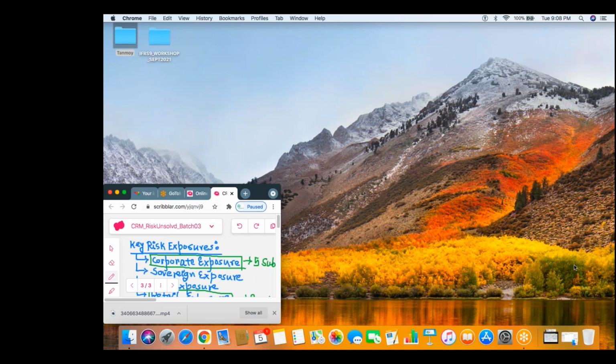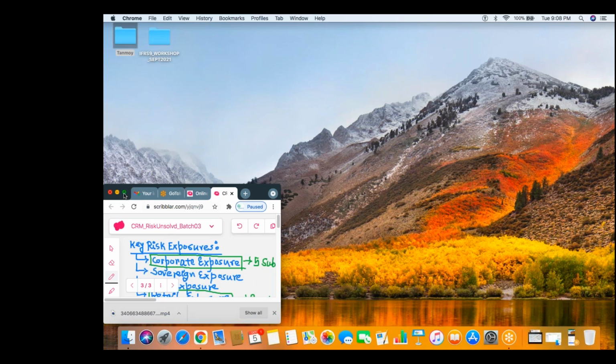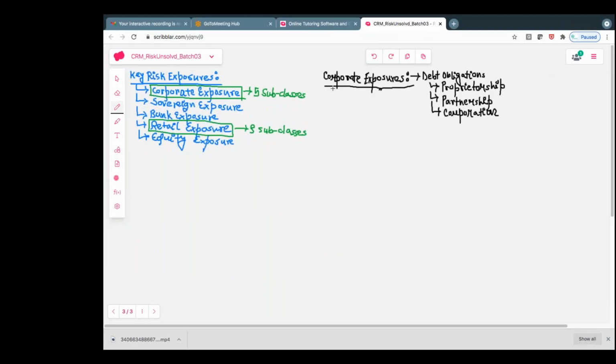Now, while we talk about this, we need to find a way to identify these entities. So there's a way to classify, or to further classify, this corporate exposure.